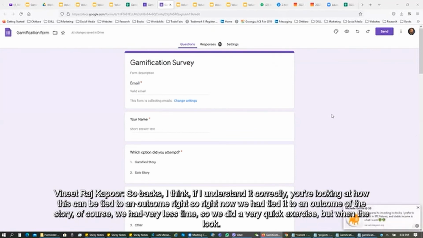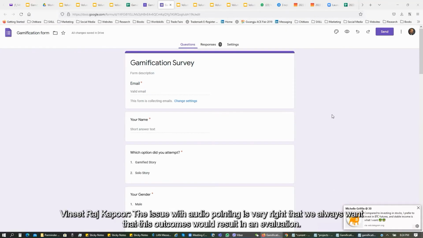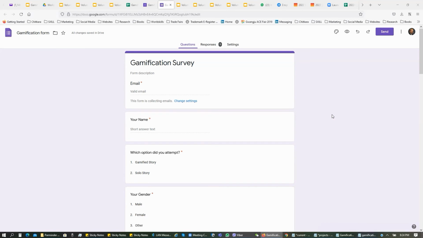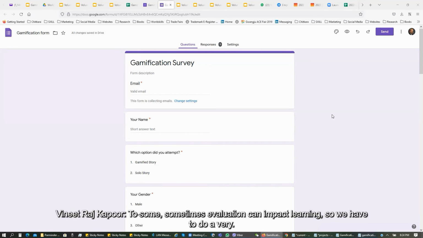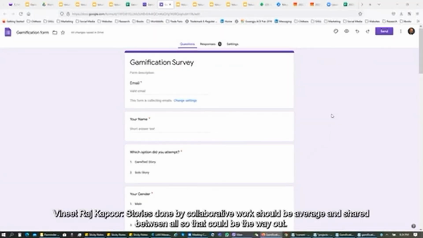But what you're pointing to is very right, that we always want this outcome to result in an evaluation. Sometimes evaluation can impact learning, so we have to find an intermediate path. The results of all 5 stories done by collaborative work should be averaged and shared between all. That could be the way out.